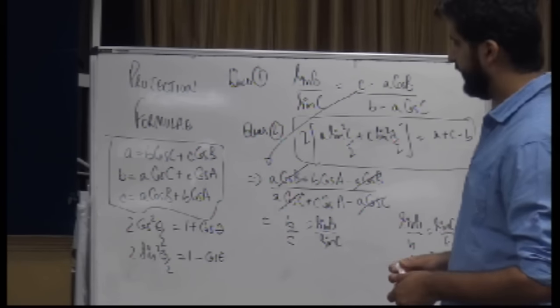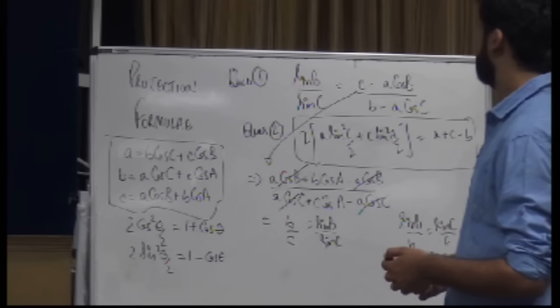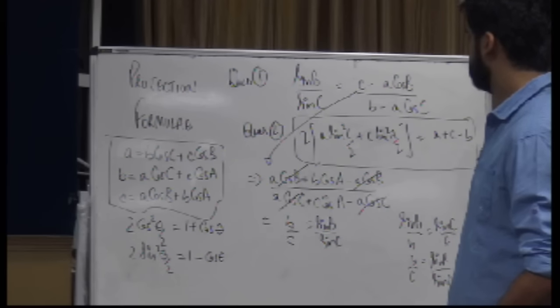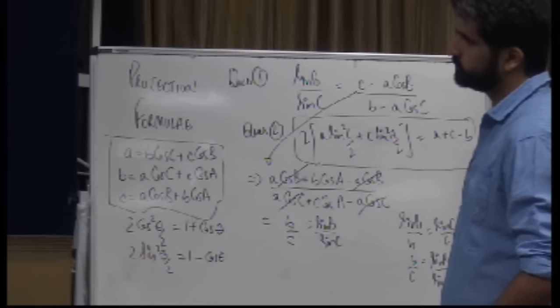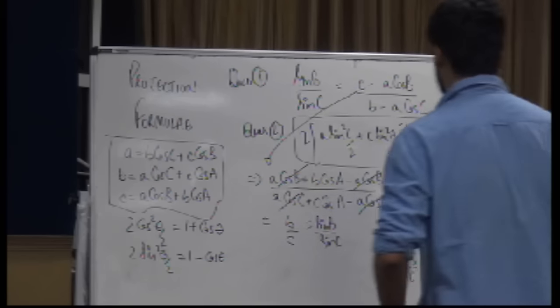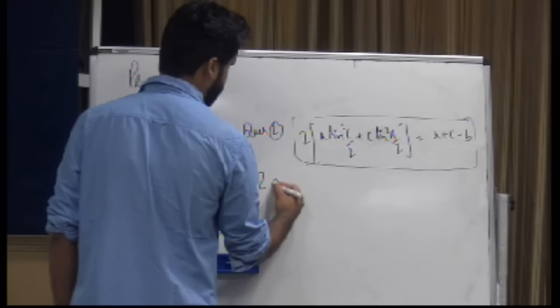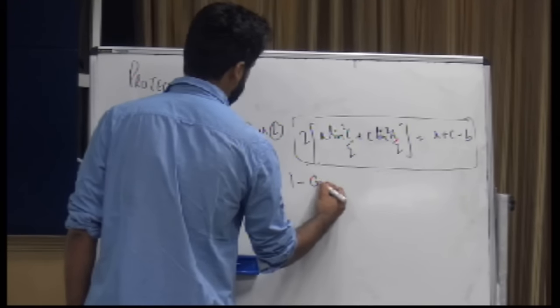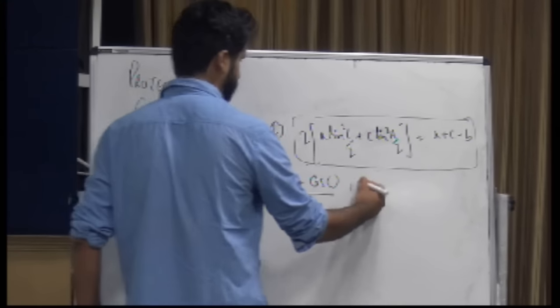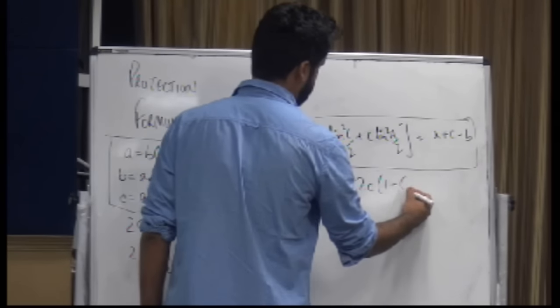What about A and C there? Which question are they asking about? So sine square C by 2 is 1 minus cos C upon 2 plus 2C 1 minus cos A.